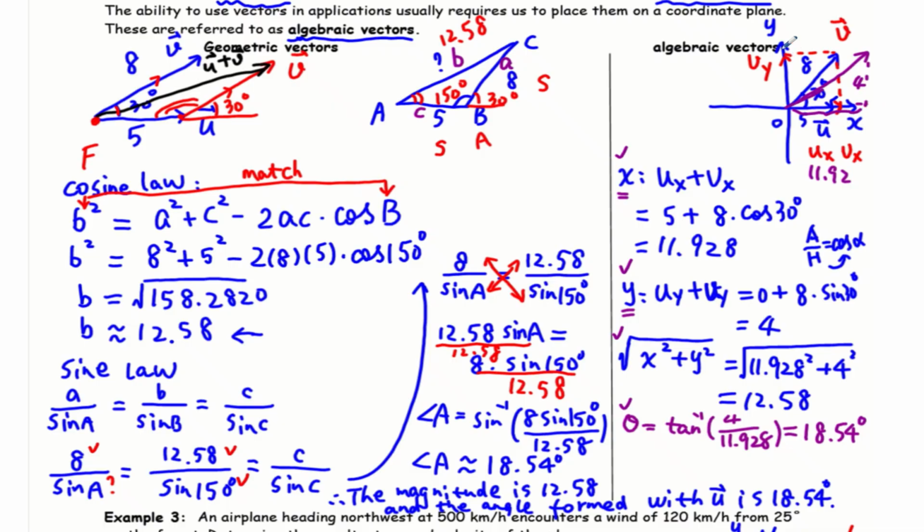We introduce the xy coordinate system. If there are no directions given, we could put one vector on the axis, then draw another one based on the angle. Then we find the x component for both, add or subtract, and the y component for both, add or subtract, based on the direction.